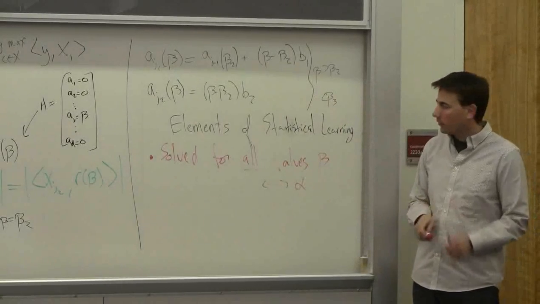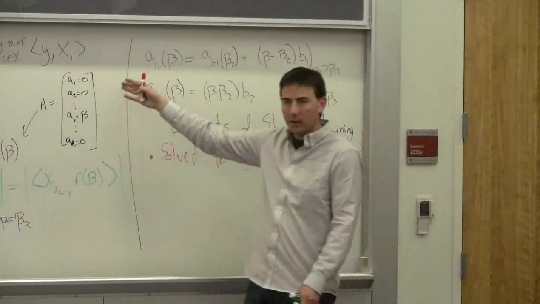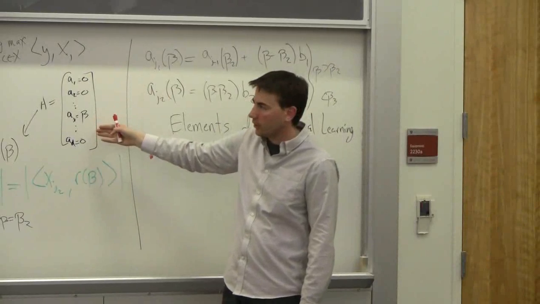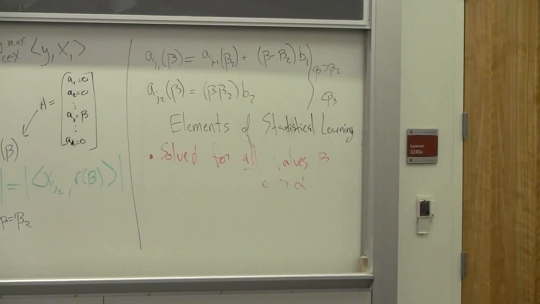Okay? So I didn't just give you one solution for all the coordinates A. I gave you a solution starting all the way from all zeros that will eventually take some path and reach this least squares solution.